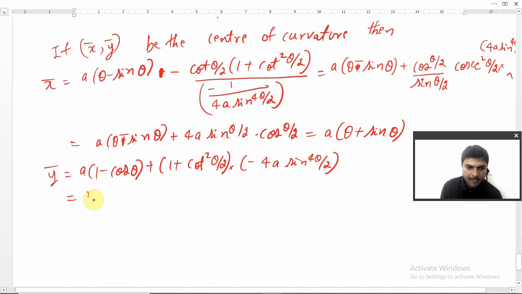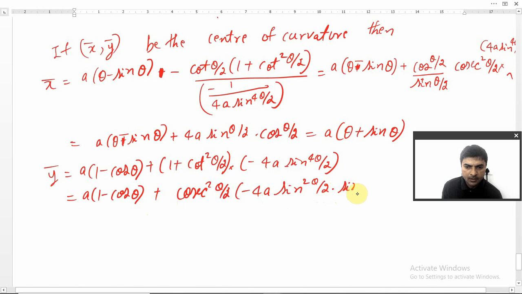Or we will just see a into 1 minus cos theta plus cosec square theta by 2 over minus 4a, this is in bracket, please remember that, sine square theta by 2 into sine square theta by 2. It is nothing but sine raised to 4 theta by 2. So 1 sine square theta by 2 will get cancelled.